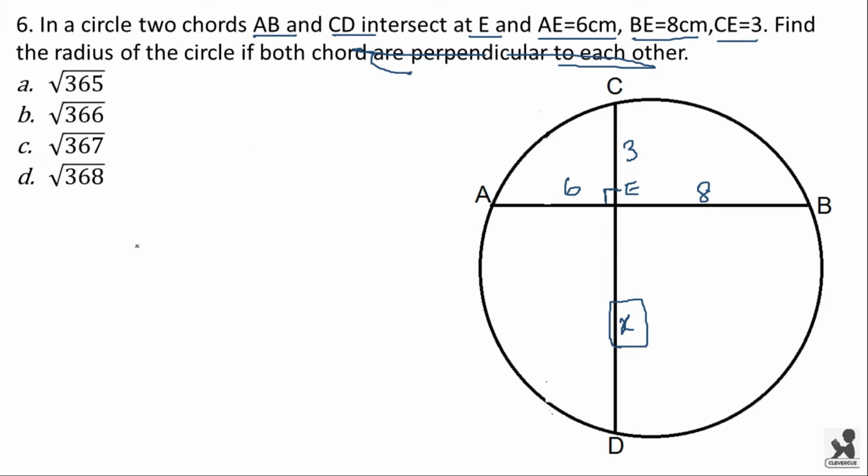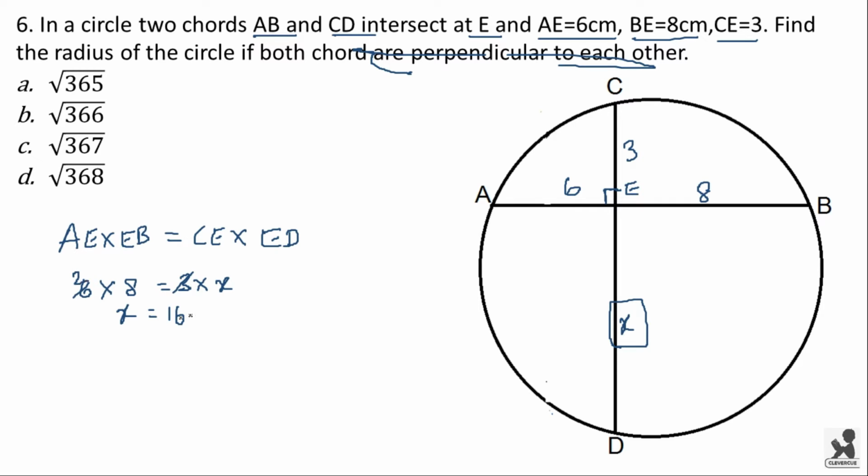Now, as we have seen in the intersecting chords theorem, AE into EB is equal to CE into ED, which is 6 into 8 is equal to 3 into x. By solving, we get x is 16. Here 3 into 2 is 6 and 2 into 8 is 16. So the value of ED is 16.